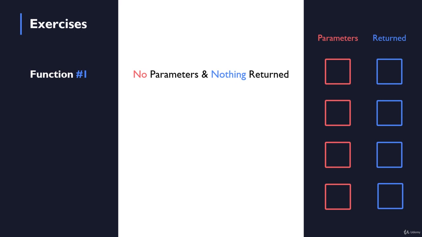Then we are going to take a look at the second function, function number 2, that will contain some parameters, but it will return nothing, so it still will be of a void type. And what we are going to do in this second function is receive 2 numbers, num1 and num2, and then print the maximum and the minimum between them to the screen. But it will not return anything, okay?